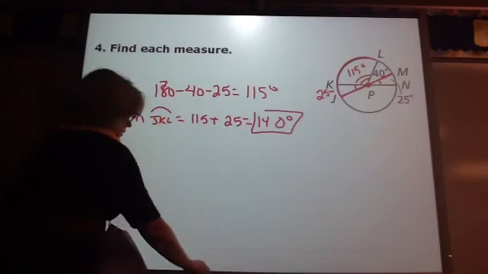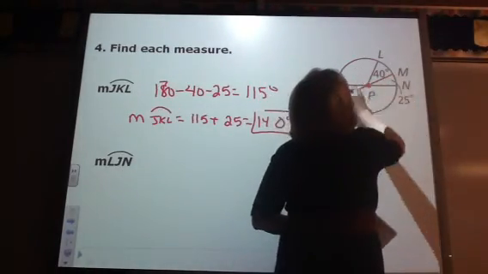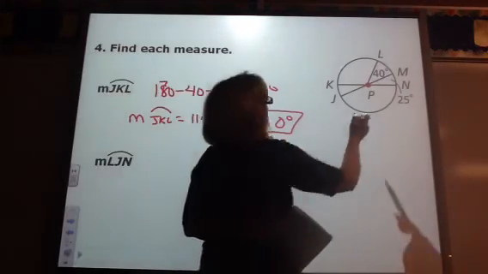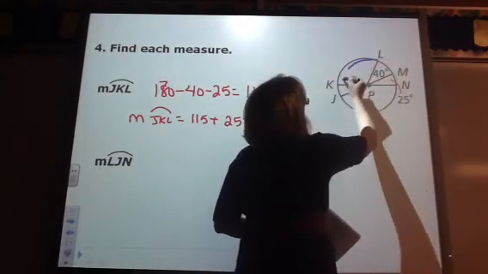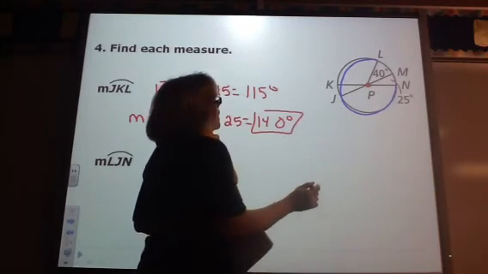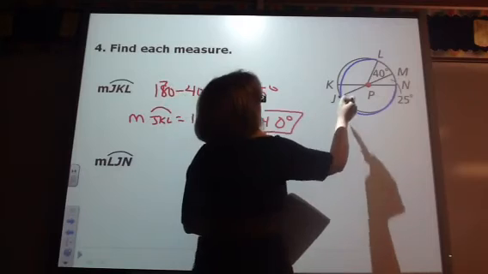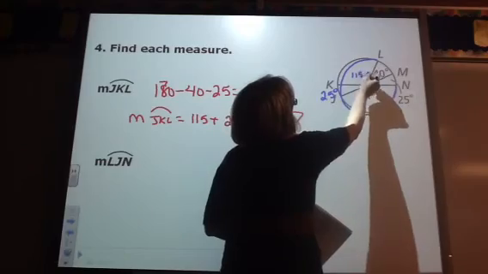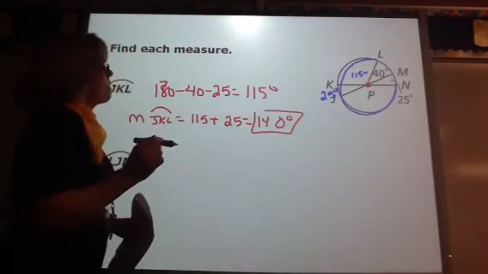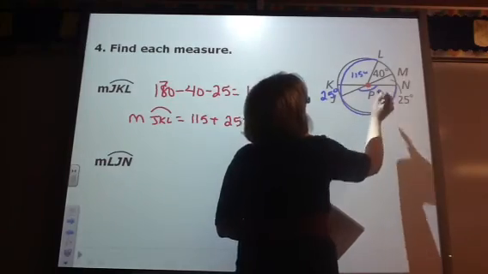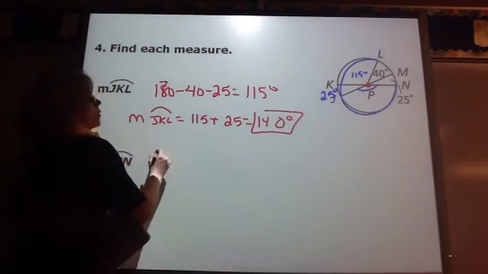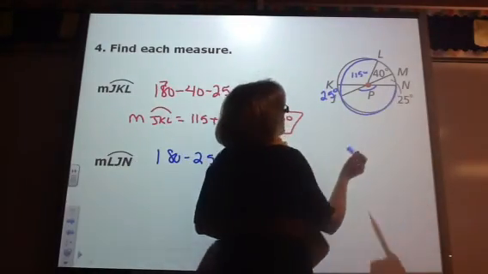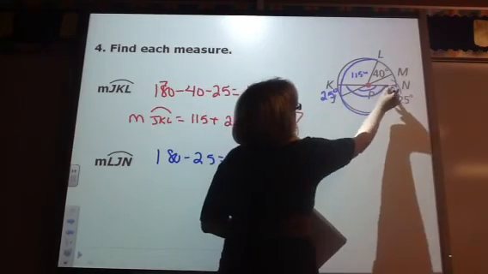Okay, now we got it. LJN. LJN, so that's this right here. Well, we know that this here is 25 degrees. We know that this here is 115 degrees. So what we need to do is find this. So I can take 180 minus 25 because KN is a diameter that makes this a semicircle.